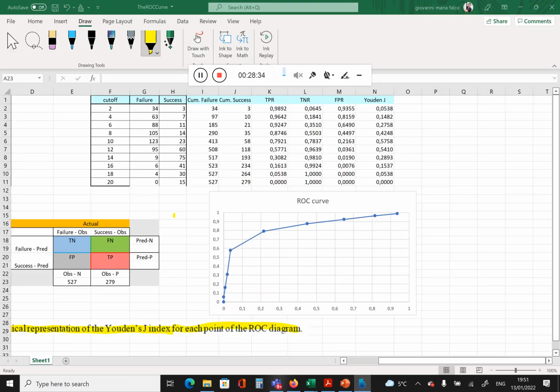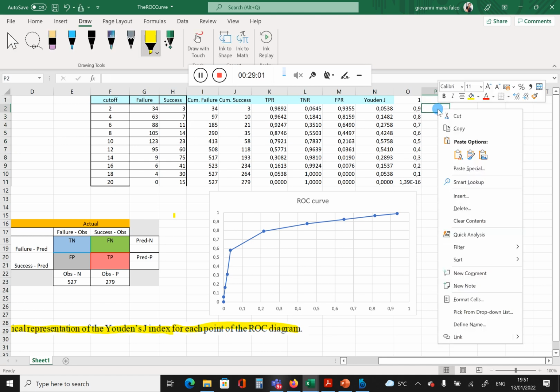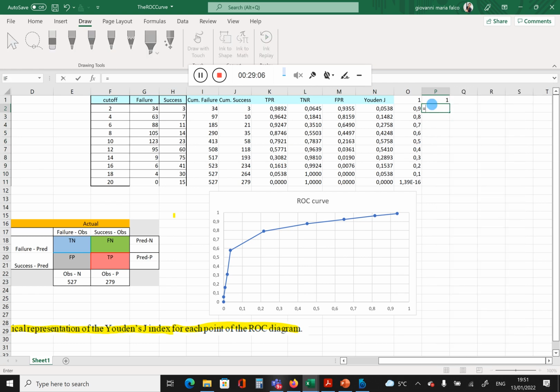So if we want to plot a diagonal line between 0 and 1, we can add here some coordinates, so equal to this minus 0.1, and then this up to 0, and here as well equal to 1, and then equal to 1 minus 0.1, and then to extrapolate this.